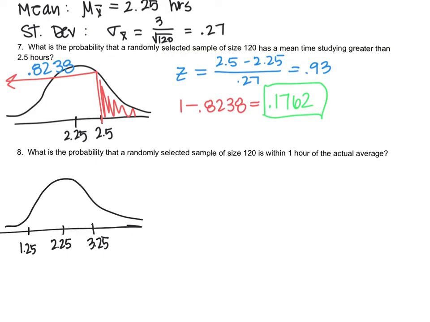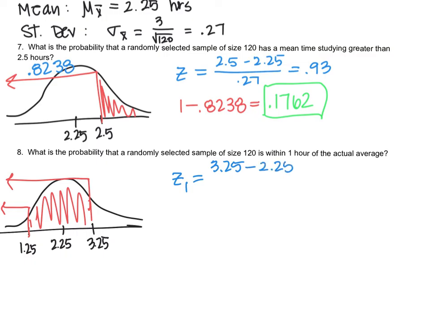And we want within, so we want the area between the two values, which means we're going to calculate 2 z-scores and subtract.